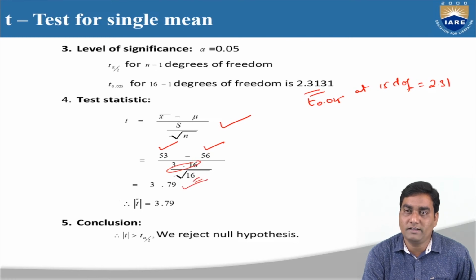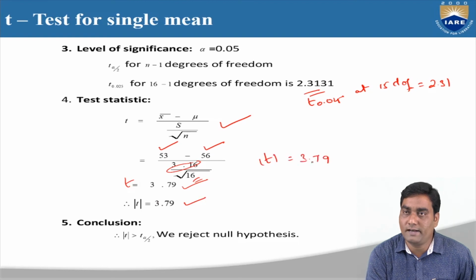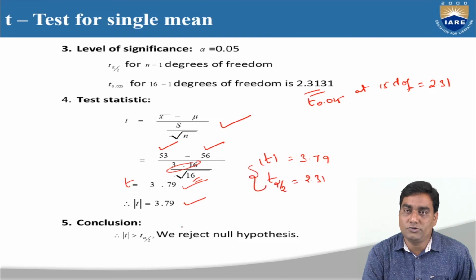If you simplify it, we get the t value, and mod t value is 3.79. Therefore mod t is 3.79, and t alpha by 2 is 2.131. So we are going to compare these two values in the conclusion.